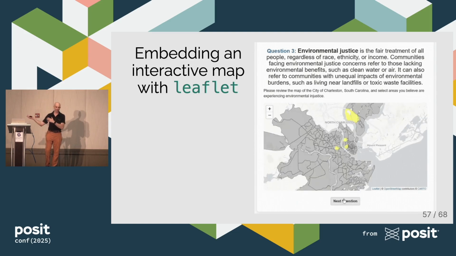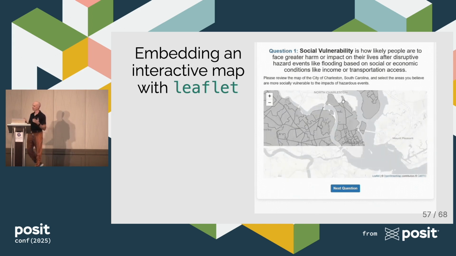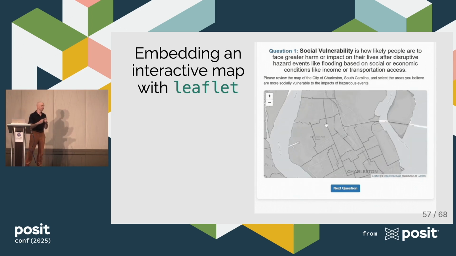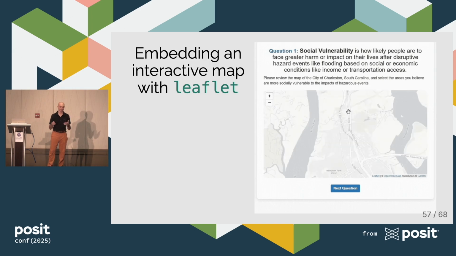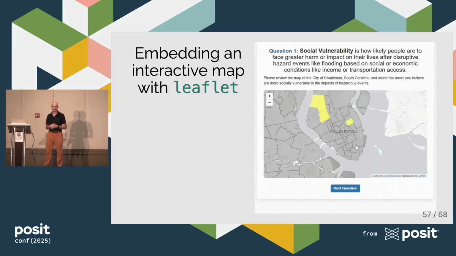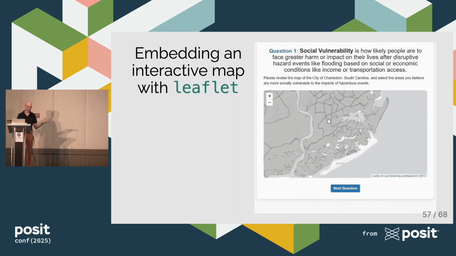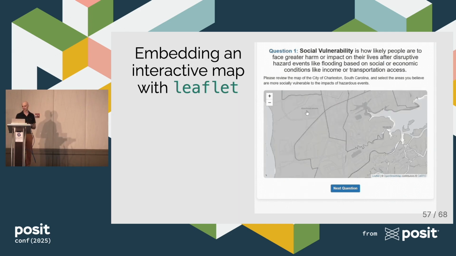Well, there's this great package called Leaflet that does exactly that. So we didn't have to recreate that. We just took Leaflet and played a little bit with it to figure out how to make this connect to our questions. And now, inside your survey in your database, you're getting the responses that they were choosing. And this really was not that difficult to put together. But again, we're just building on top of Shiny, so it's kind of nice.